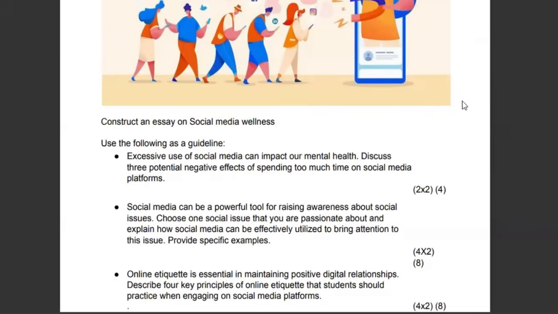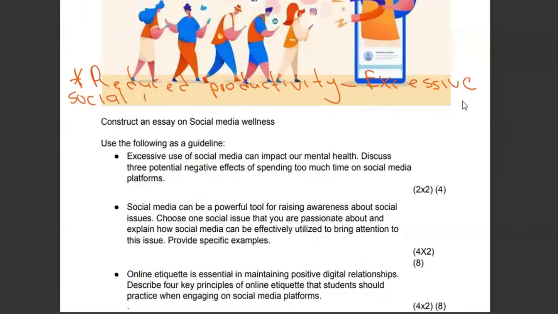So when you spend too much time on social media, the first thing is reduced productivity. Excessive social media consumption can lead to distractions.